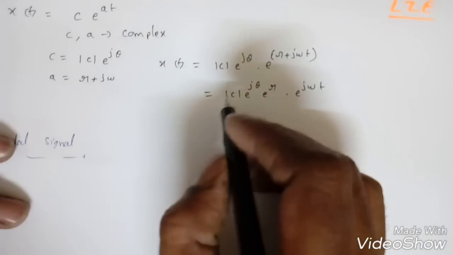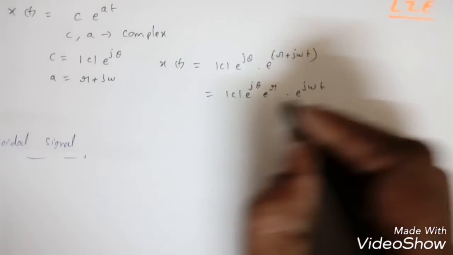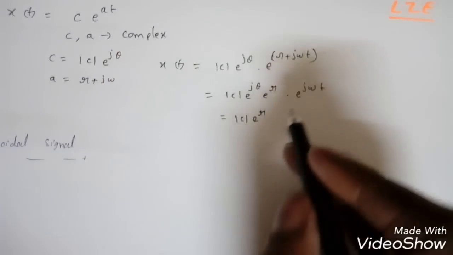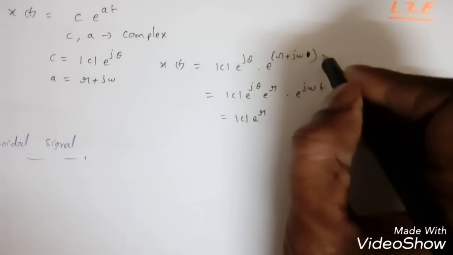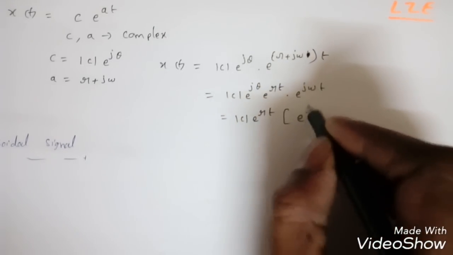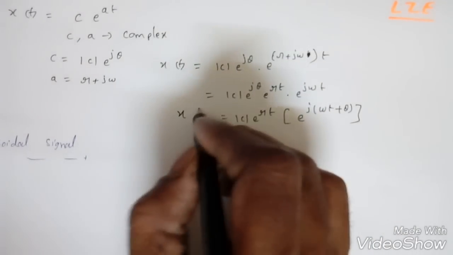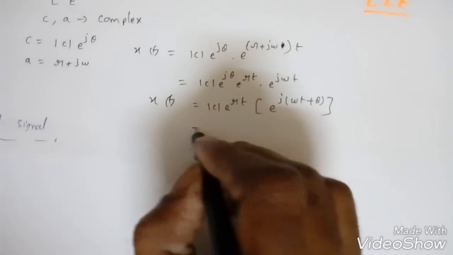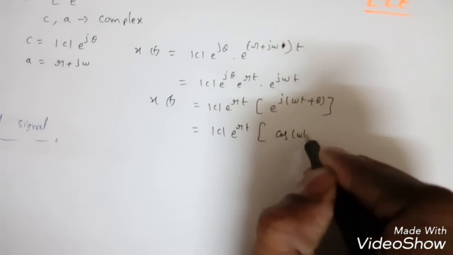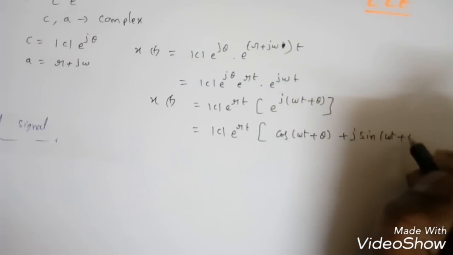So by Euler's relation we can write e power rt into e power j omega t plus theta. Now by Euler's relation, mod c e power rt into cos omega t plus theta plus j sin omega t plus theta.